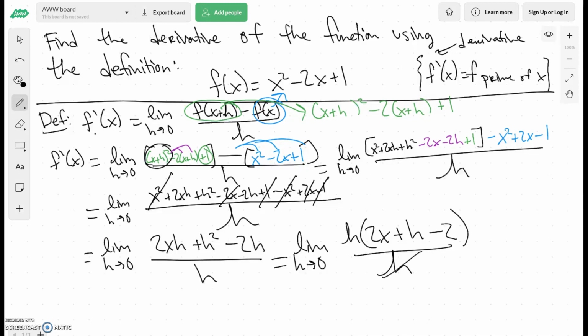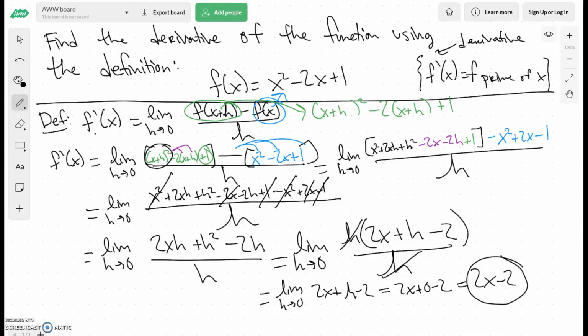So now the h's go away, and I'm left with the limit as h goes to 0 of 2x plus h minus 2. Now I plug in 0: 2x plus 0 minus 2. And now what I'm going to get is 2x minus 2.